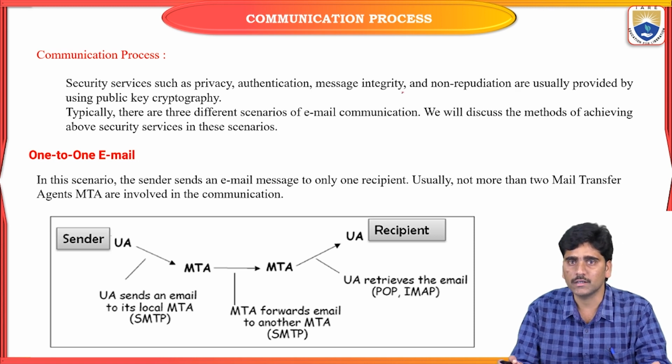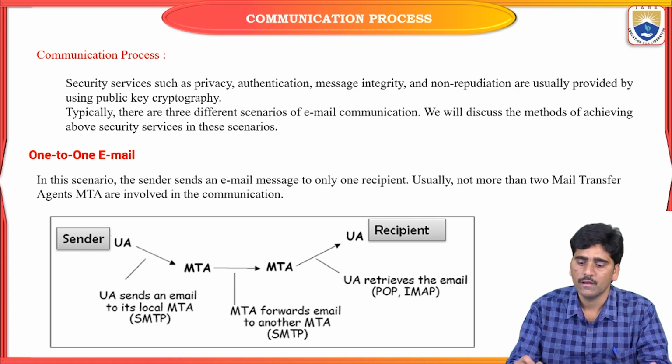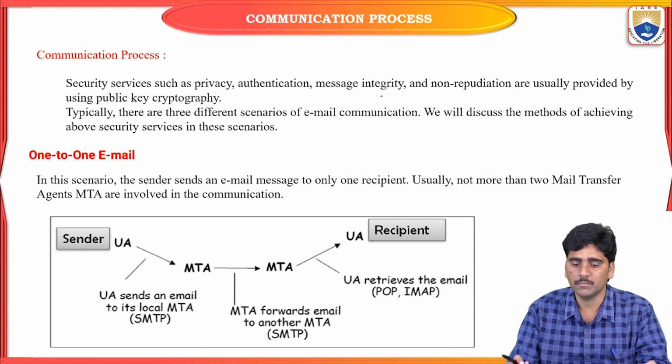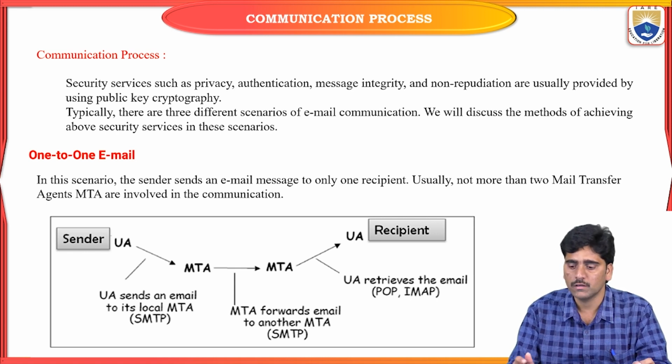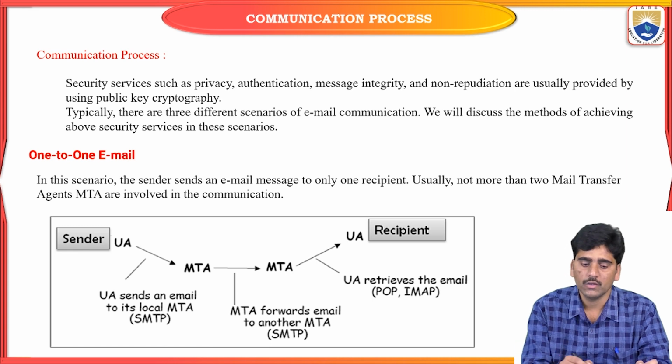Message integrity means no message has to be modified during the transmission; the message has to be the same on the sender and the receiver side. Non-repudiation means the message is not going to give any chances to modify the data. These security services are usually provided by using public key cryptography.